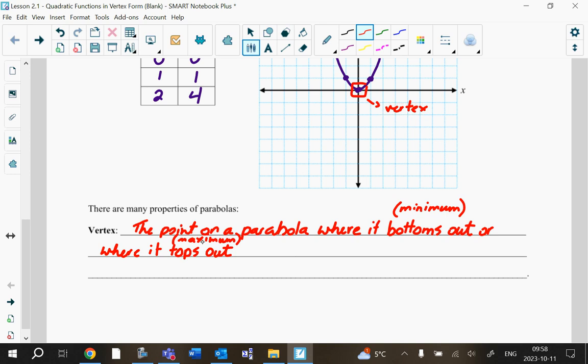So in f of x equals x squared, the vertex is 0, 0. The vertex is always a point. We're going to find that if we get an equation where there's numbers in with the x squared, the vertex is going to change. It's going to move around.